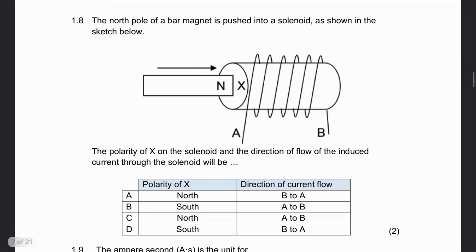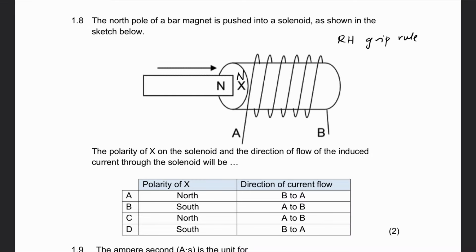Moving on to question 1.8, the north pole of a bar magnet is pushed into a solenoid as shown in the sketch. When a bar magnet approaches a solenoid, the solenoid will want to push the bar magnet away by inducing the same pole. So X will be north because it's going to want to push this away. So if that's the north, you can use your right hand grip rule.